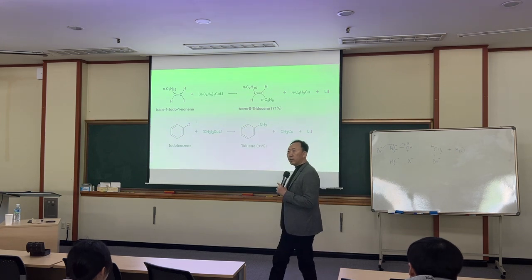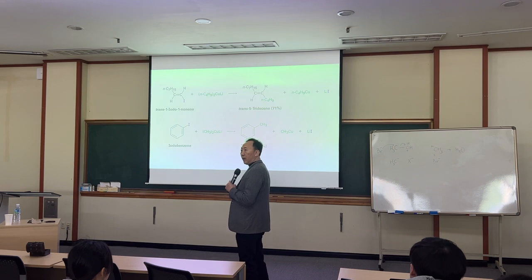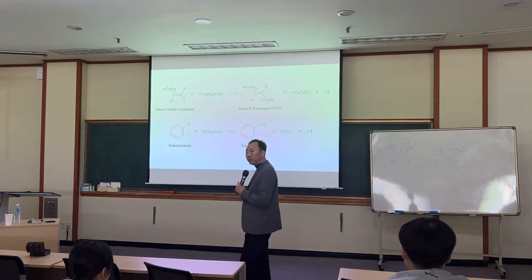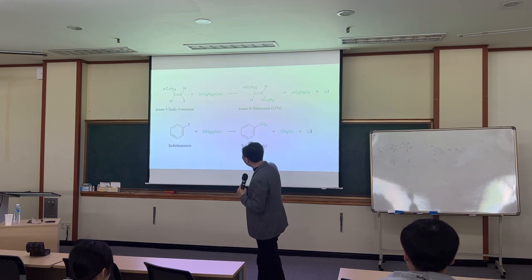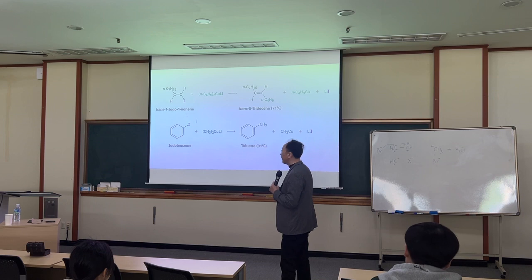Next week we are going to learn the one-step reaction. That reaction is a different type. This cannot work in that way because there is no backside position to attack. But in this copper reagent, it can work this way.